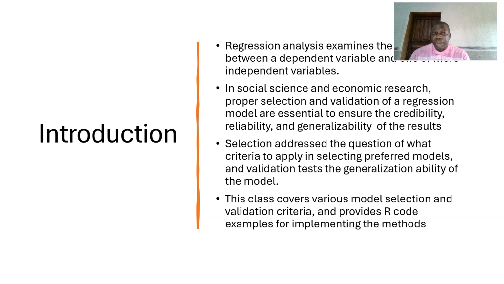In the situation where we have one dependent and more than one independent variable, we are talking of multiple regression. In social science and economic research, selection and validation of regression models are very essential to ensure credibility, reliability, and generalizability of our results.